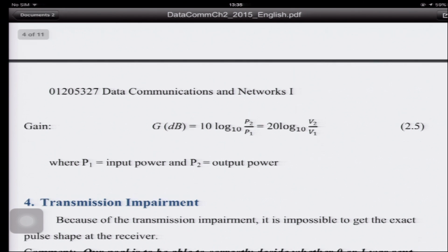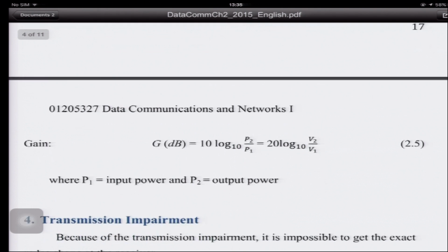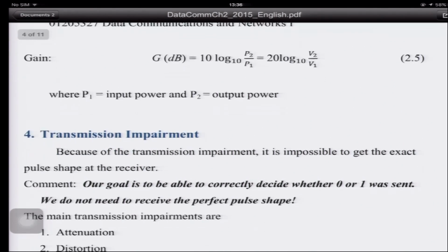So if you have a gain of 3 dB, it means that you have attenuation of minus 3 dB. If you have attenuation of plus 5 dB, then gain is minus 5 dB. In terms of voltage, it's similar: gain is equal to 20 log base 10 of V2 over V1.